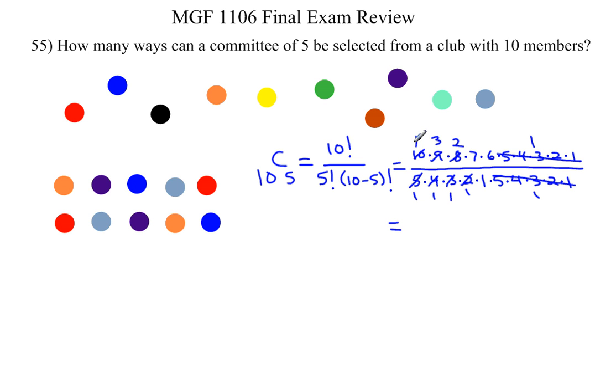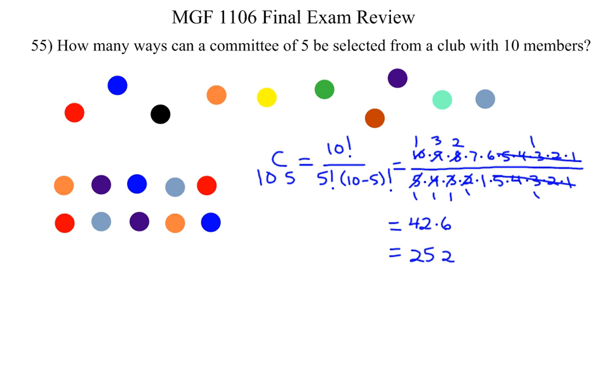In the numerator, I've got 1 times 3 times 2, which is 6. 6 times 7 is 42 times 6, all over products of 1, which is just 1, so we don't need to write that. 42 times 6 is 252.